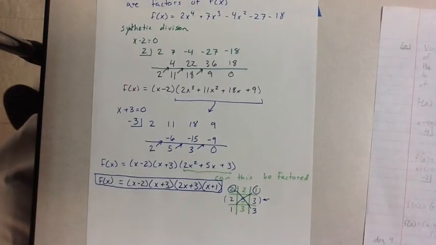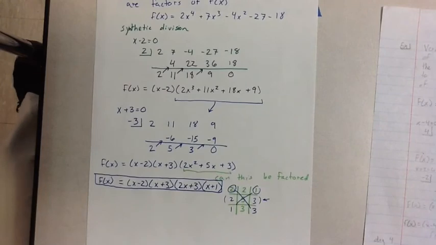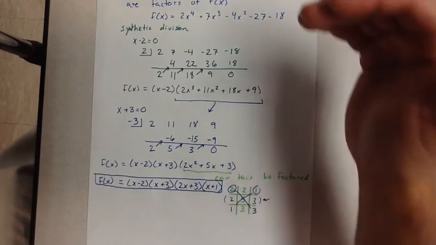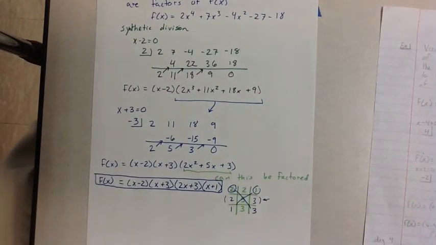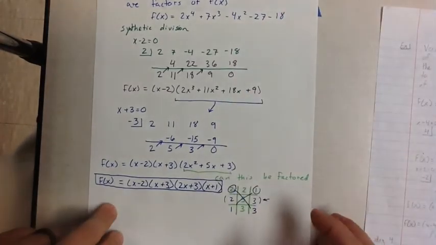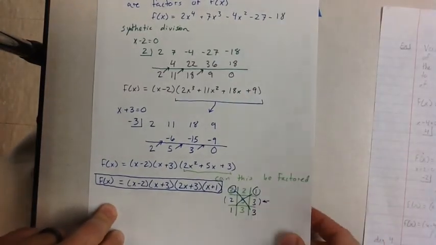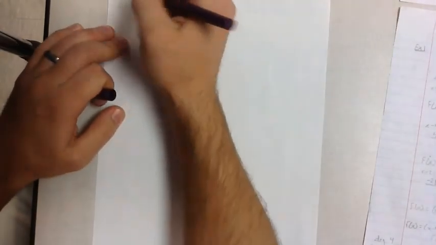What I'm going to have you do to end this lesson is go through a similar process. So in this last problem, I'm going to ask you to do this.